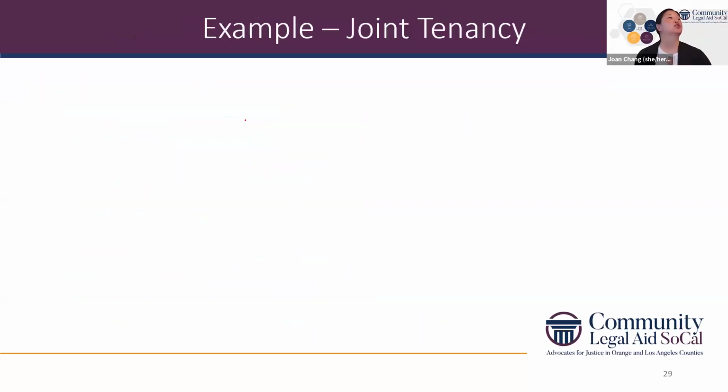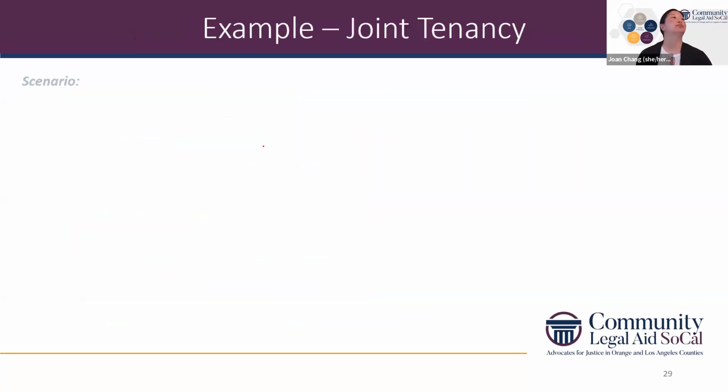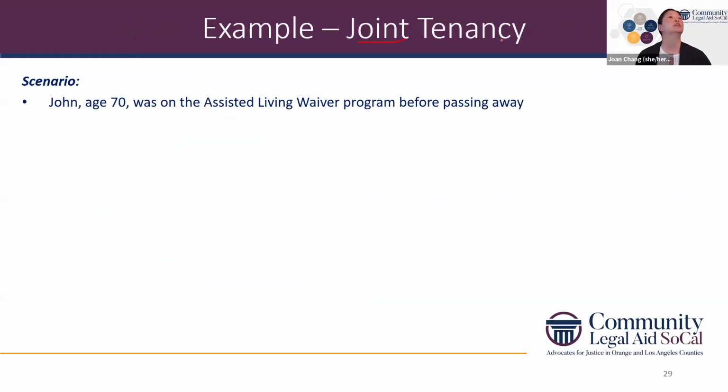Okay. All right. So joint tenancy. Let's look at an example. Joint tenancy. John, again, our good friend John, he is 70 years old. He was on the assisted living waiver program before he passed away. Again, made-up numbers, California paid $500,000 for his assisted living care costs.